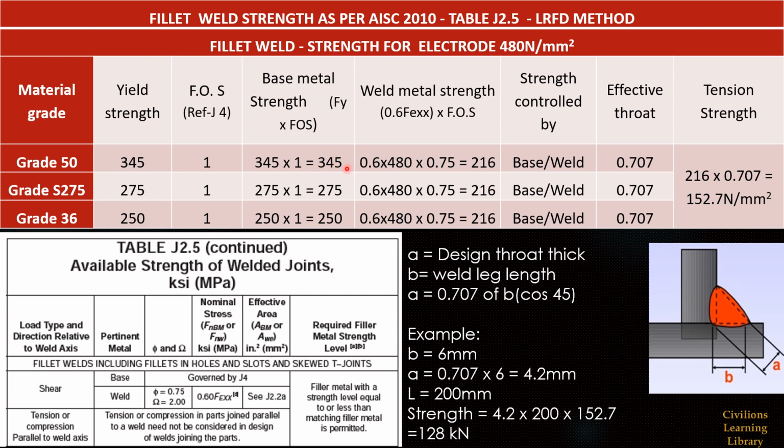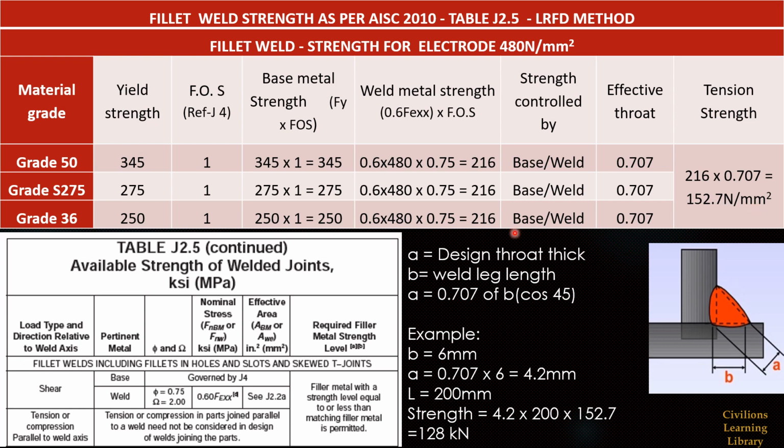Here the base metal value is 345 and the weld metal strength value is 216. So we have to choose the least one. Here also the weld metal strength is the least one. Then this 216 we have to multiply with the effective throat value 0.707. Then we can get the final tensile strength of the fillet weld for the LRFD method, which is 152.7 N/mm².